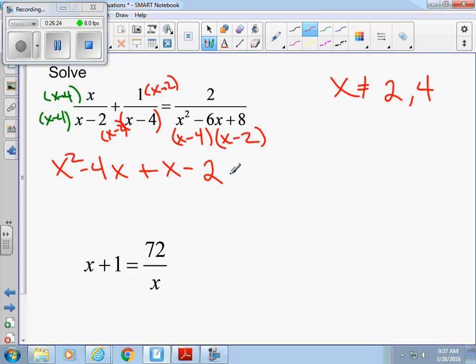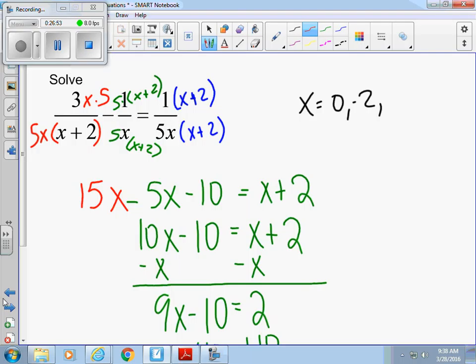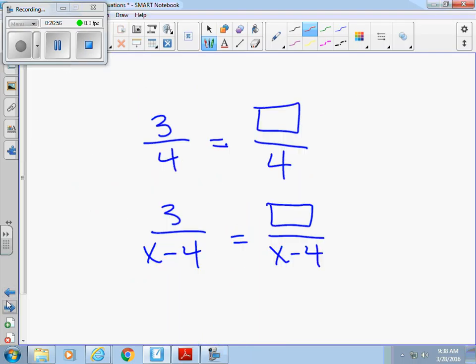It kind of looks like a plus there. Equals 2. Where did my denominators go?